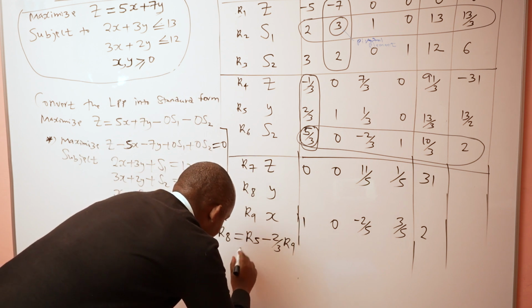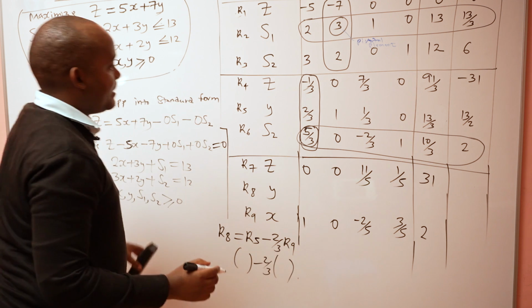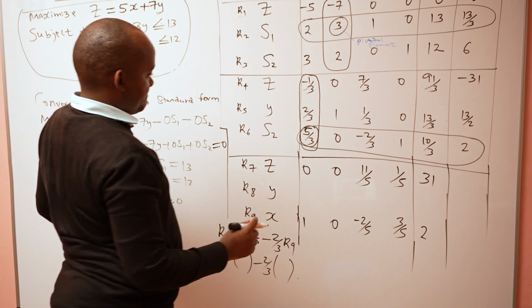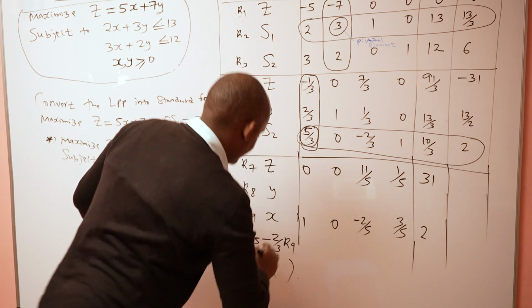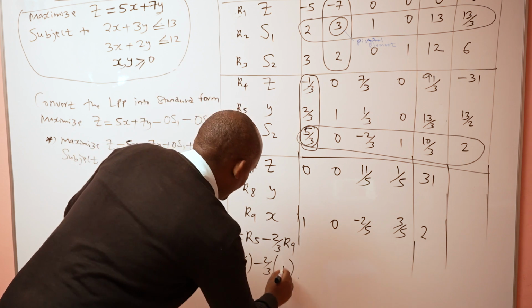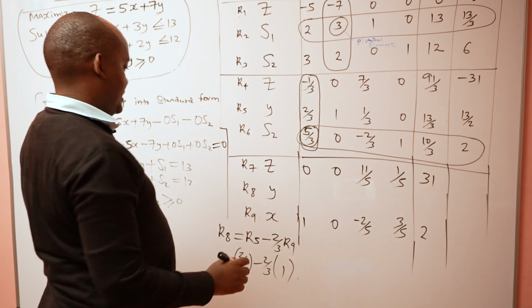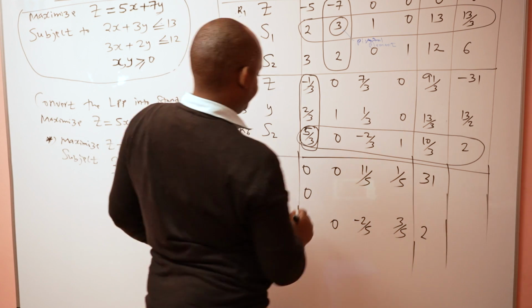Which means that this will be something minus 2 over 3 multiplied by something. If you put 2 over 3 here, which is in row number 5, and 1 here, which is in row number 9, this entry will be 0.